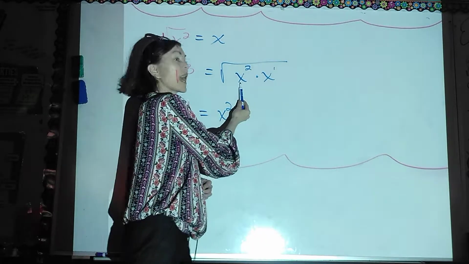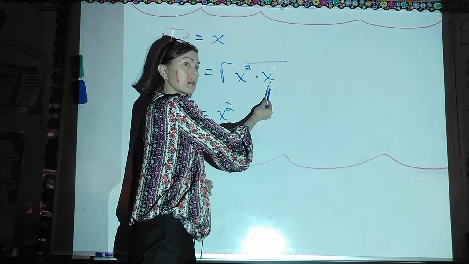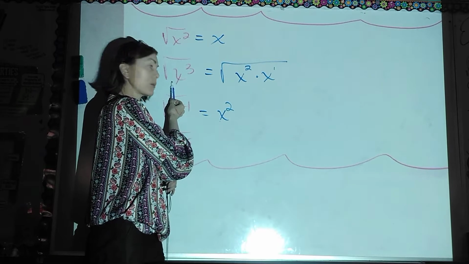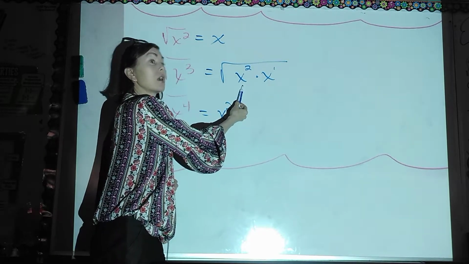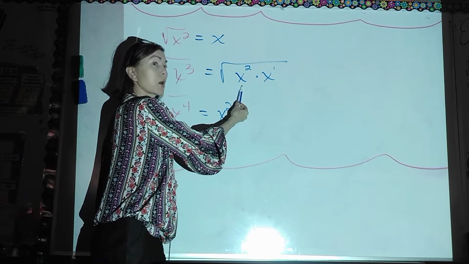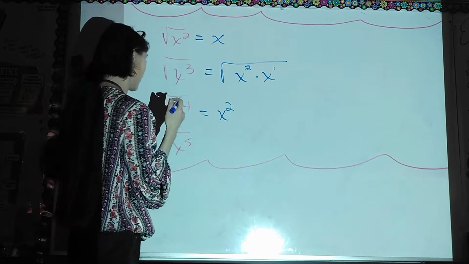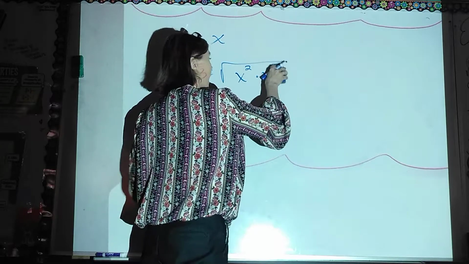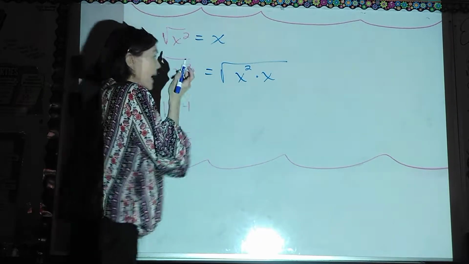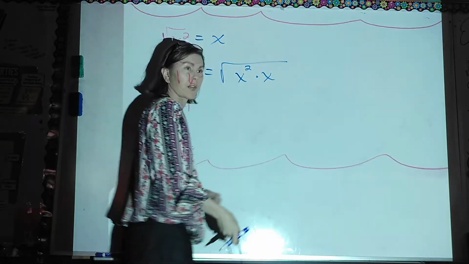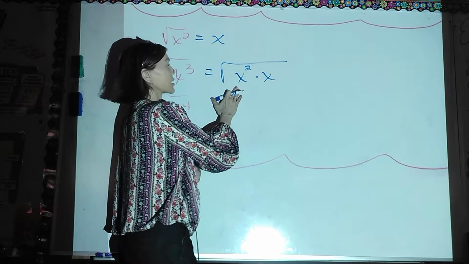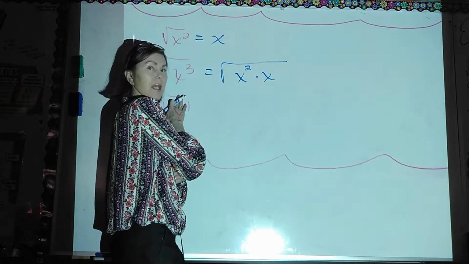So we know that x squared times x gives me x to the third power. And what did I put first? The perfect square. Why is this a perfect square? Because it's an even exponent. You know that the teeny little 1 is there even though it's not there.